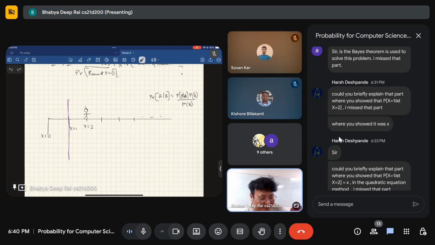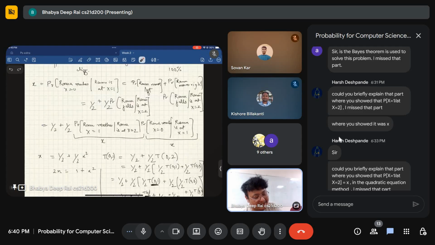I can equivalently say that it's as if I had a cliff here. Even if I change this to x equals 1, x equals 0, which is nothing but the original problem, the count remains the same, the probability remains the same. And hence, this quantity is x. Right?